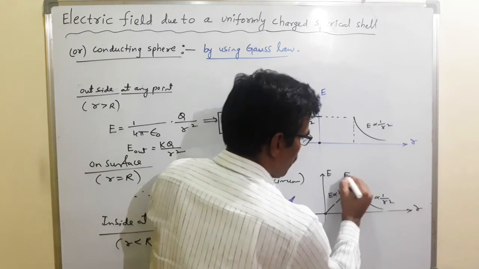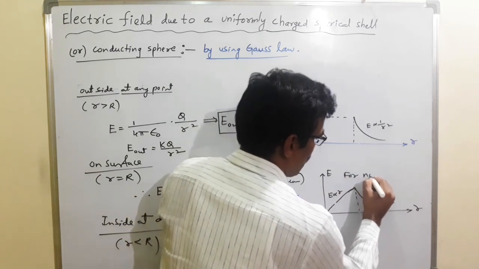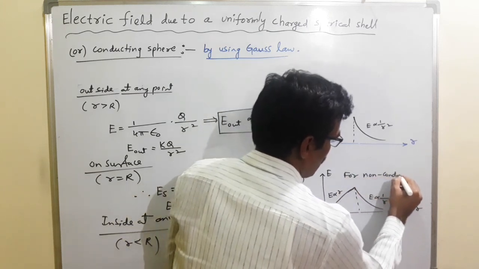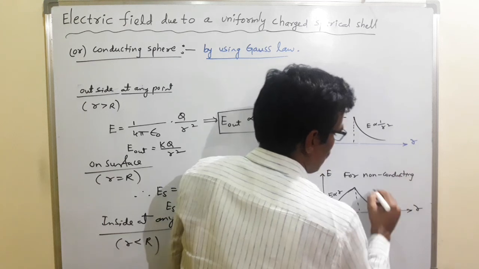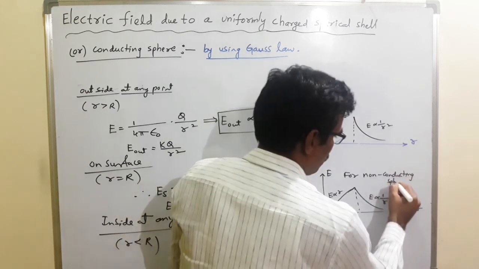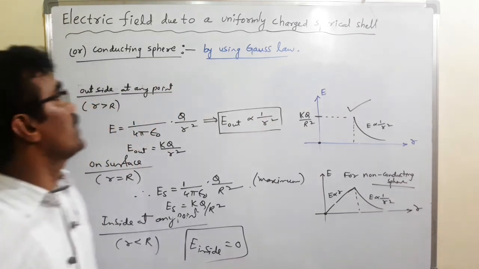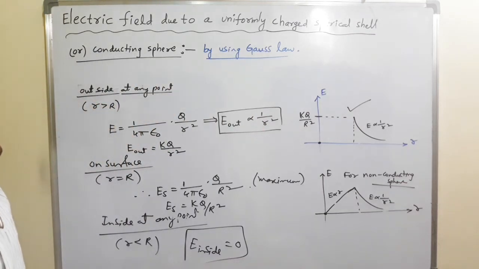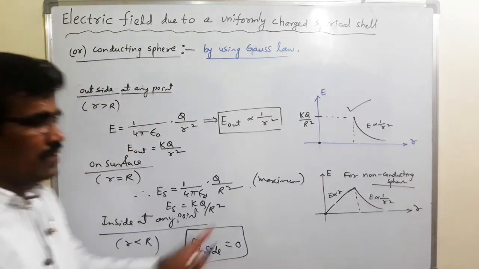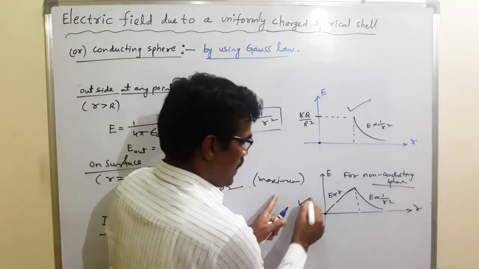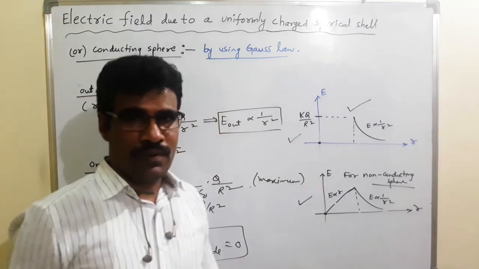Inside, E is directly proportional to R. This is for a non-conducting sphere, and this is for a conducting sphere or uniformly charged spherical shell. This is the difference. Okay, thank you.